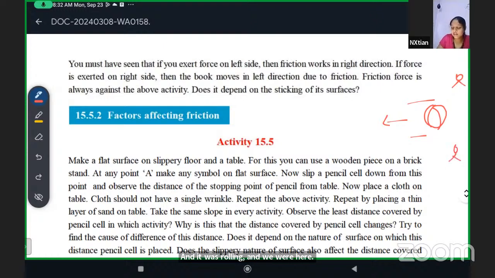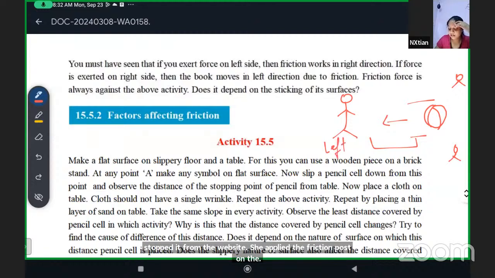It was rolling in that direction, and my mother came and stopped it. So what happened? Friction force worked. Now, the ball was coming from the right side. She stopped it from the left side. She applied the friction force from the left side, while the ball was coming from the right direction.